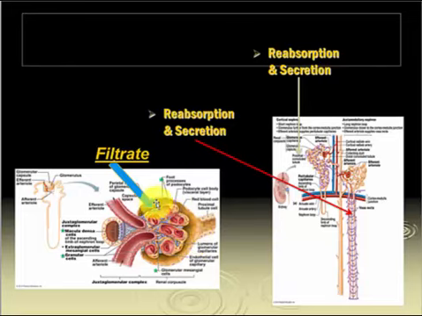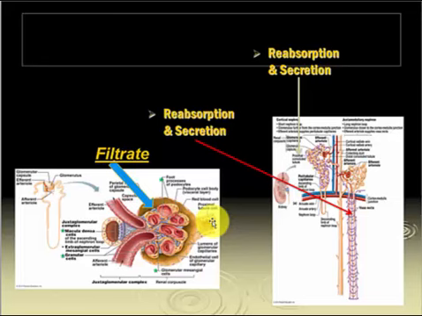And when that filtrate leaves the glomerulus, the reason that we say the proximal convoluted tubule is the primary site of reabsorption in the nephrons is because it's got a greater surface area due to the brush border of microvilli.